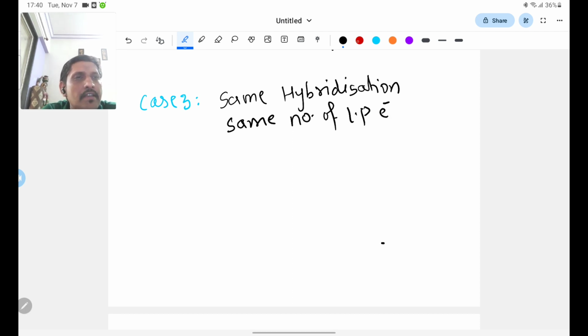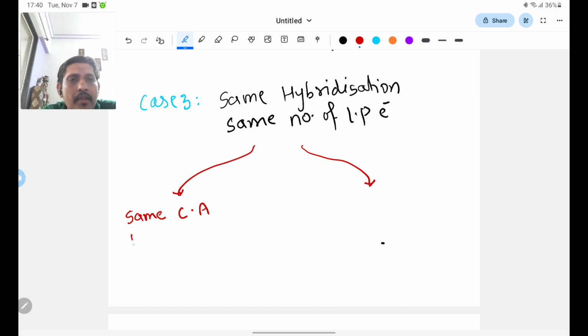Students, in this case we have two different conditions. Let's see what the two different conditions are. Either the molecules will have the same central atom and different side atoms. This is your case number 1.